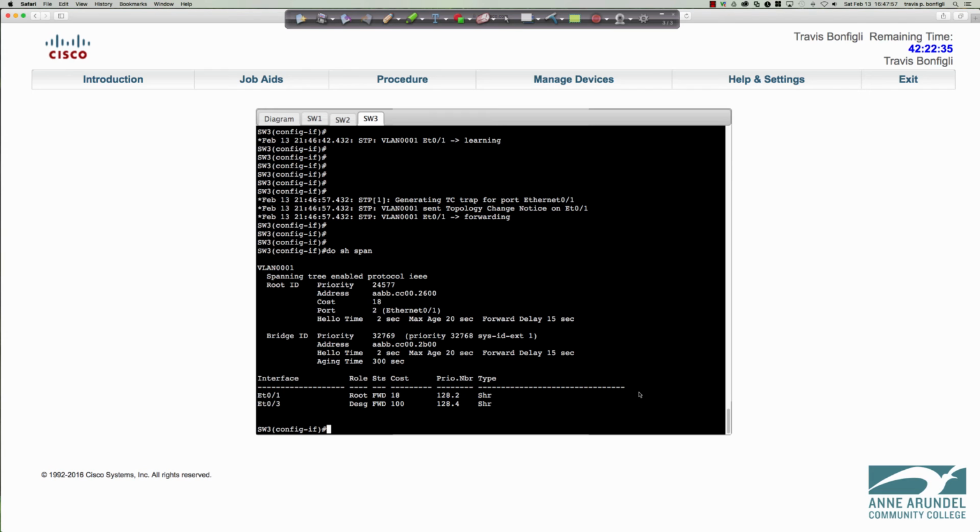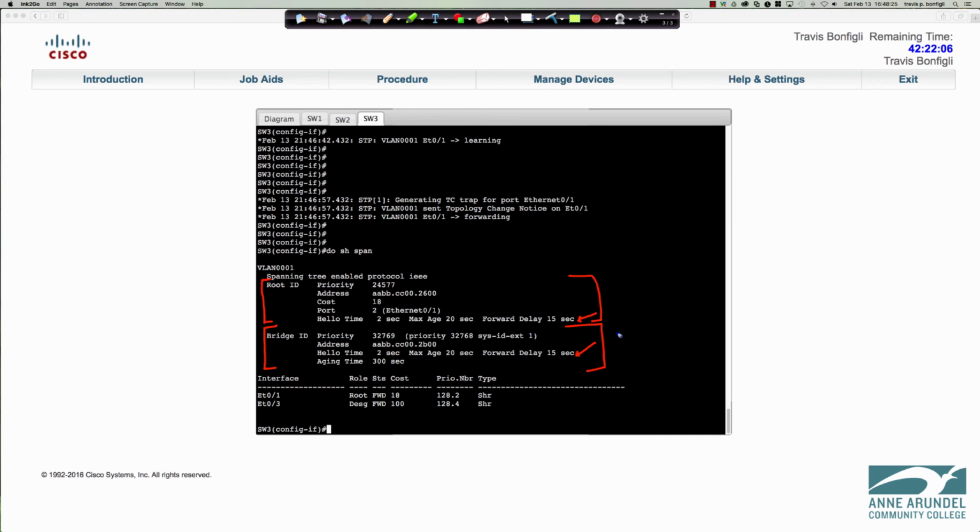All right, so now we're going to talk a little bit about the timers: the hello time, the forward delay time, and the max age time. So let me get the pen here. Now you can see there's two sets of times. The key thing to remember with 802.1d spanning tree is that the local settings are the settings defined locally, and the others are the settings defined on the root bridge.